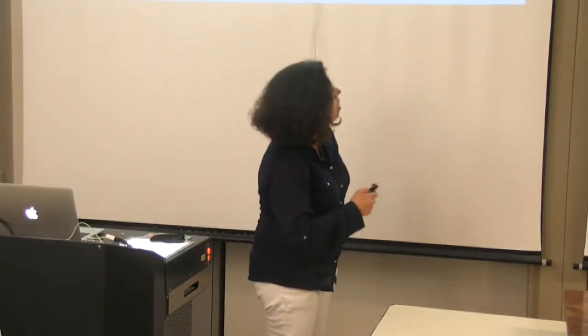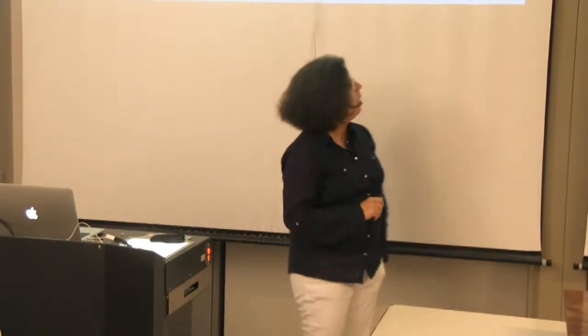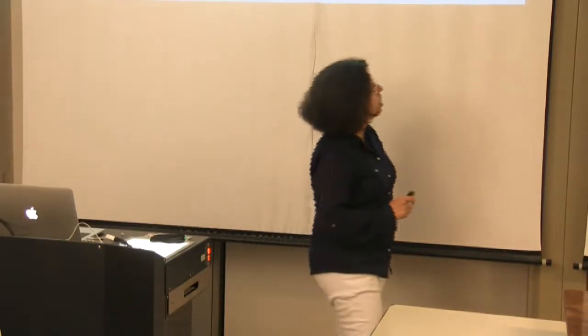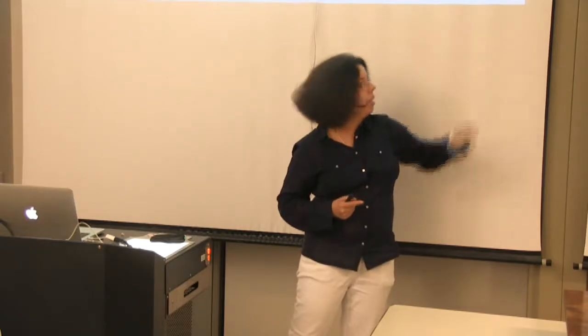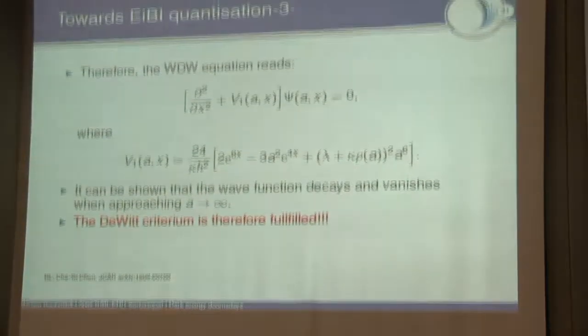Summarizing, after some work, we arrived at this Wheeler-DeWitt equation, where A is the scale factor, and X is essentially the log of the scale factor compatible with the connection. One important thing here is that A, the metric, is not a dynamical variable. The dynamics is essentially connected with the connection, and also with the metric compatible with the connection.